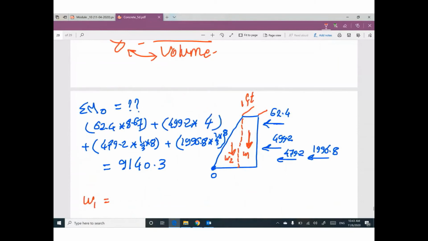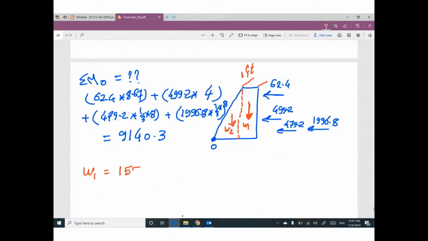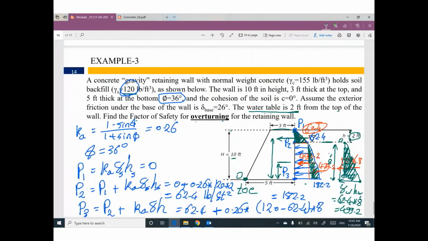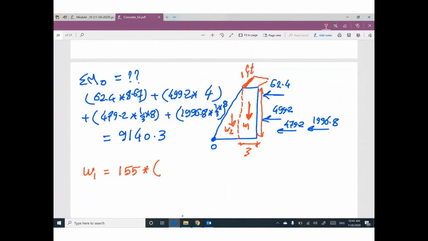Gamma for concrete, 155, is given. What is the volume? What is this length, this height, and this width? Go back. This length is 3, this height is 10, and this one is 1 foot. So 3 times 10 times 1.